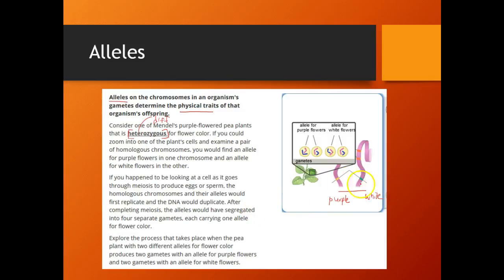So when this plant makes its sex cells, it will distribute one allele, so one purple gene and one white gene, into each of the cells so that they only possess one copy for each gene. So they'll either have the allele for purple flowers or the allele for white flowers.